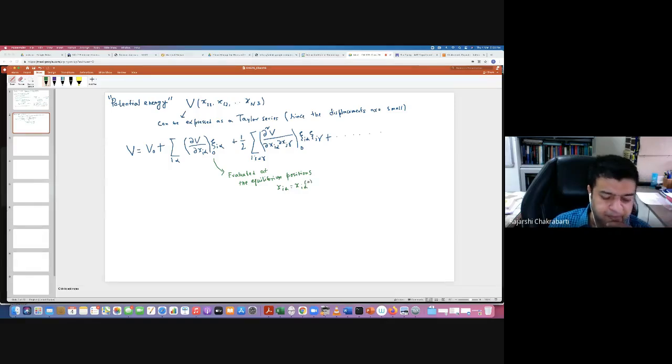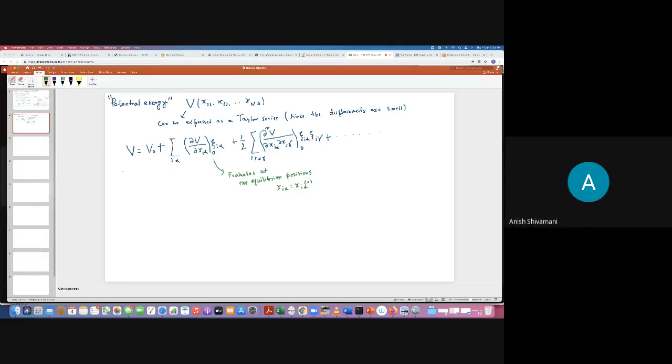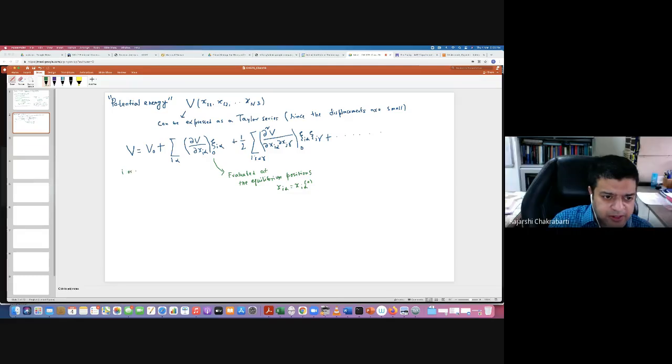Okay, is this clear? i or j from 1 to N, alpha or gamma from 1 to 3, in units of 1. Okay, is this clear? This is exactly what it is. And V0 is your potential energy in the equilibrium position, no?